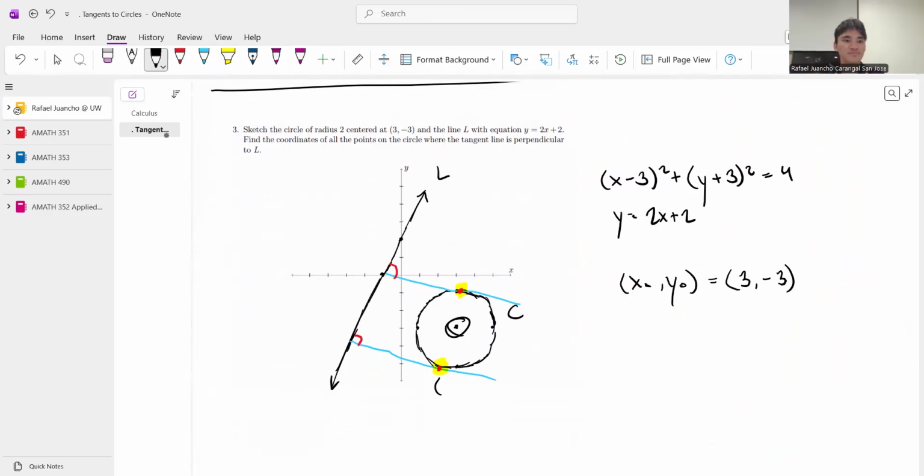I'm talking about this one. So that means y minus y naught over x minus x naught is y plus 3 over x minus 3, which is actually 2.